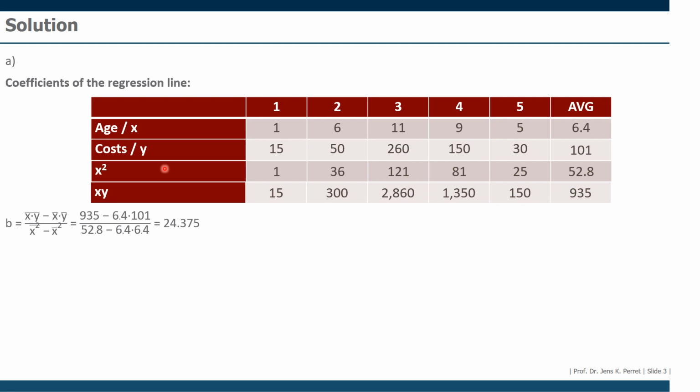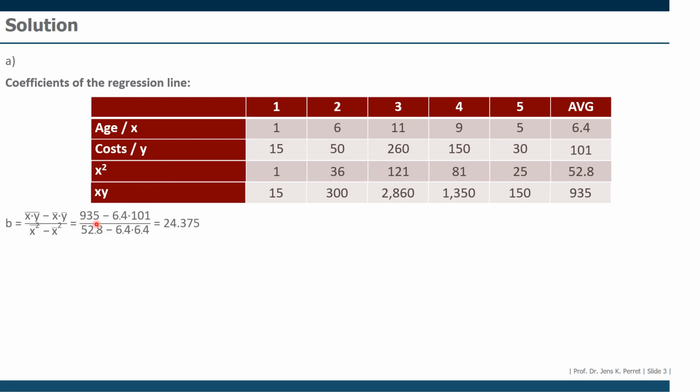Here, for the coefficients, we can start with the slope of the regression line. The formula for the slope is simply taking the average of x times y, so the 935, and subtracting from it the average of x times the average of y. So those two multiplied.